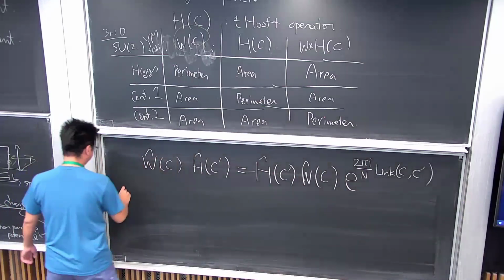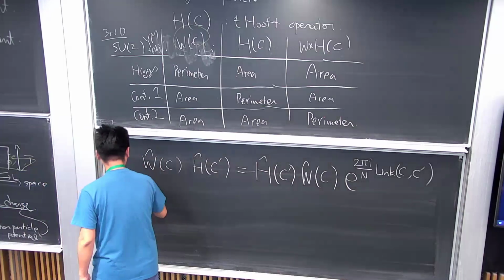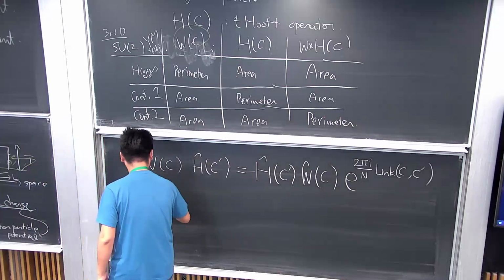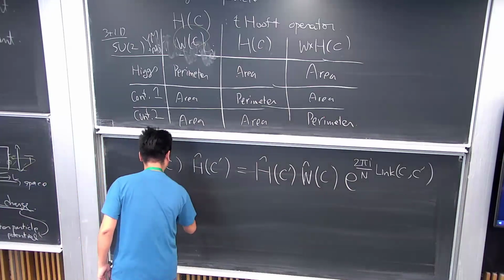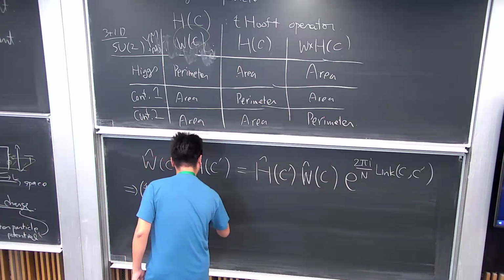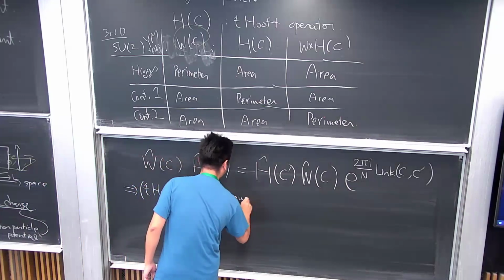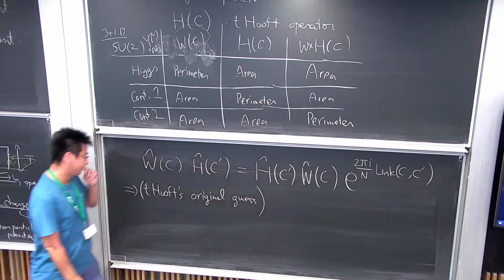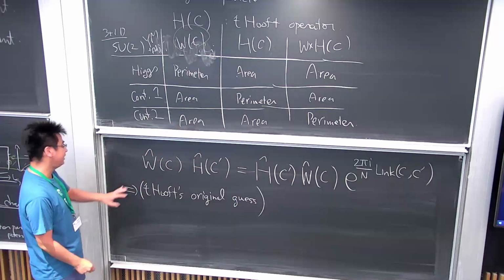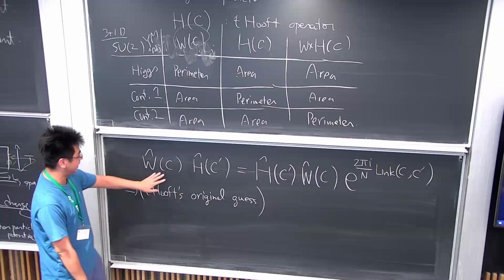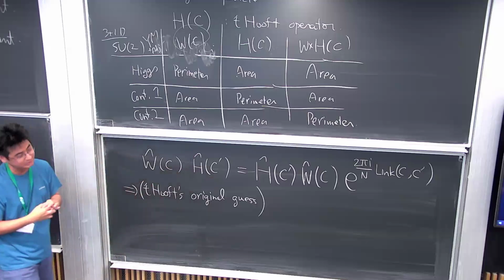From here, 't Hooft's original guess: inside 3 dimensions, these two lines can link with each other.